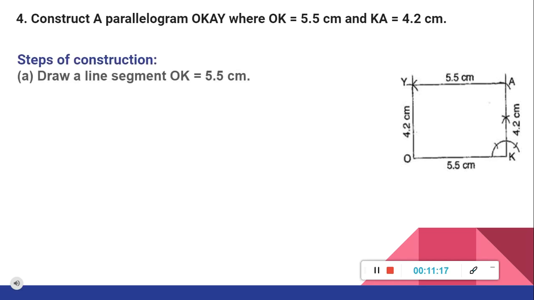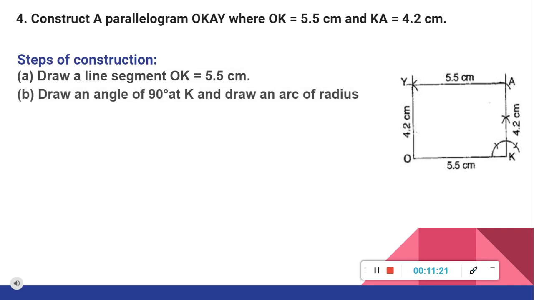So first draw a line segment OK, 5.5 centimeter, and second draw an angle of 90 degrees at K and draw an arc of radius KA equal to 4.2 centimeter, which intersects at point A. Here we have taken 90 degrees.